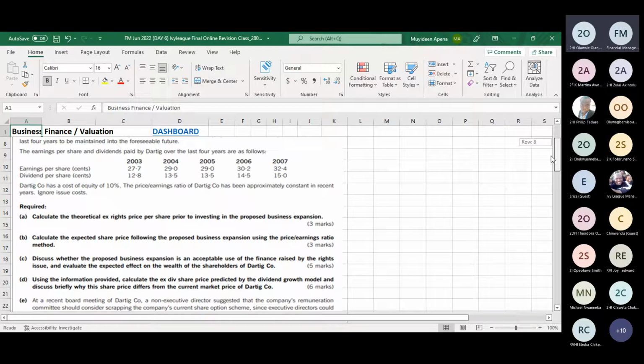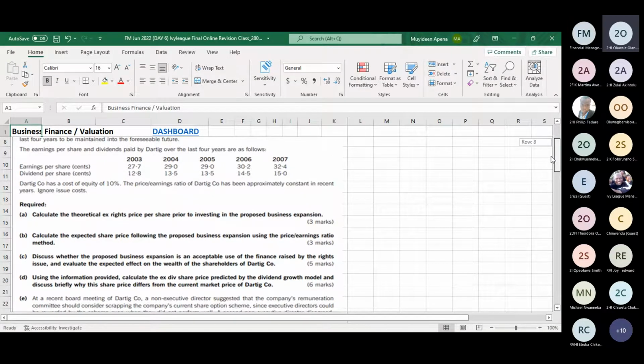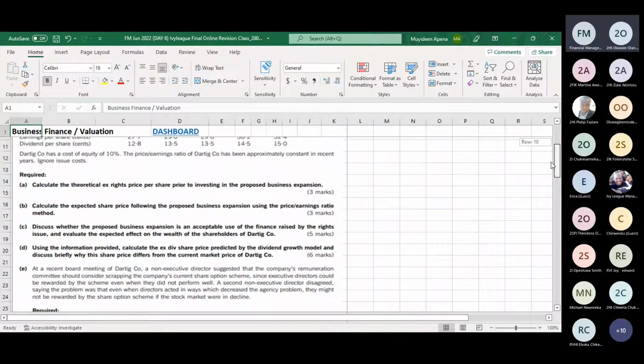B says calculate the expected share price following the proposed business expansion using the price earnings ratio method. So this is about valuation. C says discuss whether the proposed business expansion is an acceptable use of the finance raised by the rights issue and evaluate the expected effect on the wealth of the shareholders of Datiko.